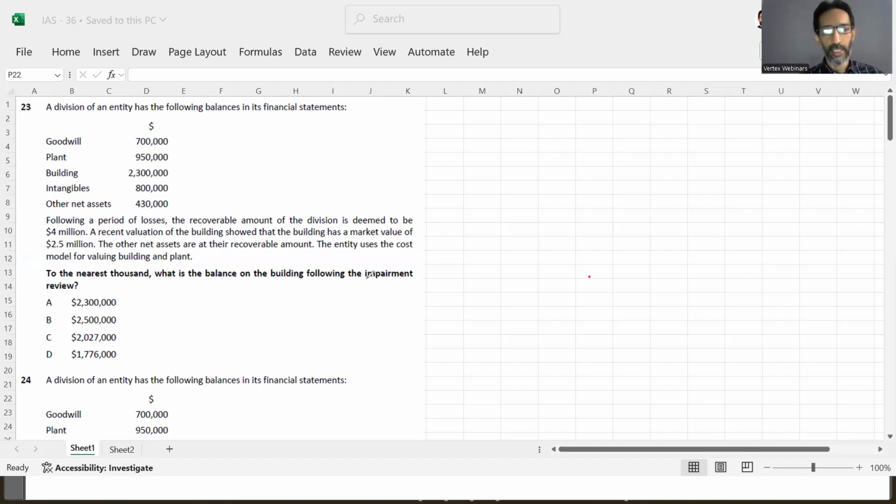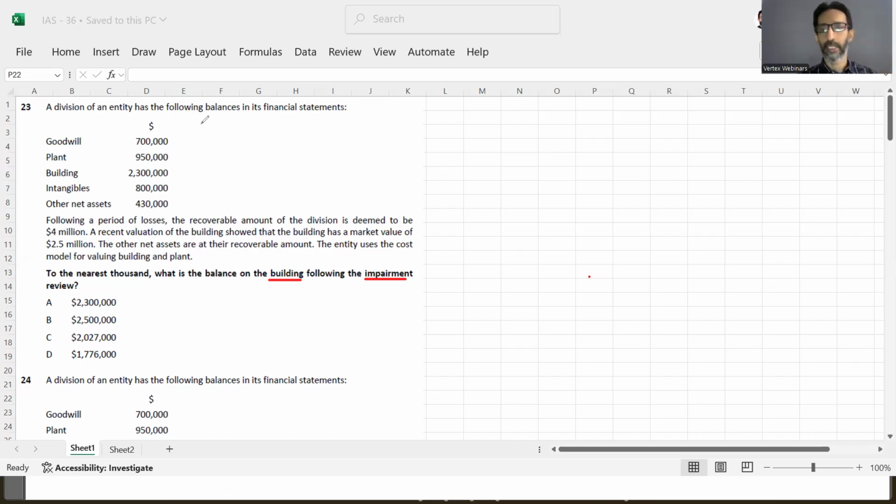So there is some impairment review being undertaken, and there are various assets, and we have to look at what the balance will be for the building after the impairment review. A division of an entity has the following balances in its financial statements.